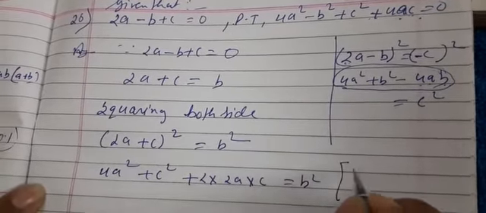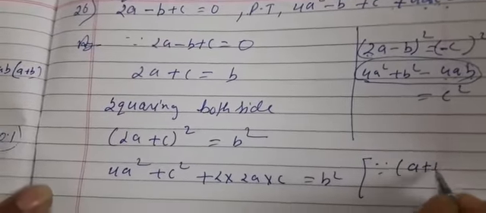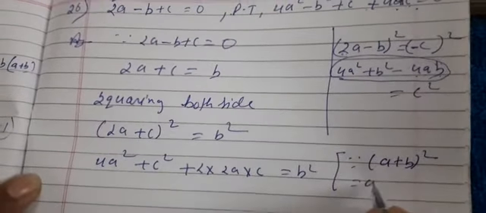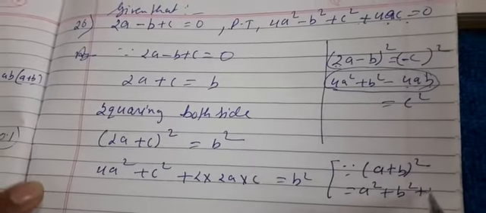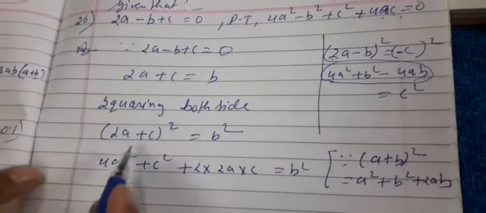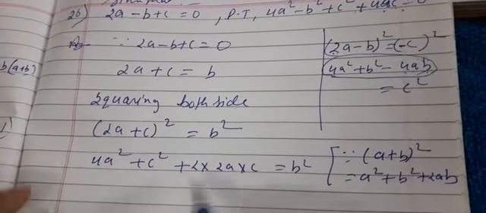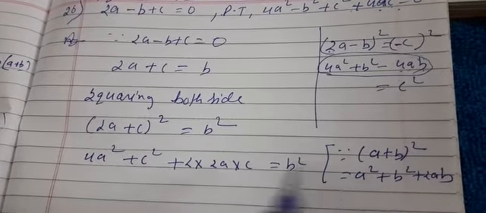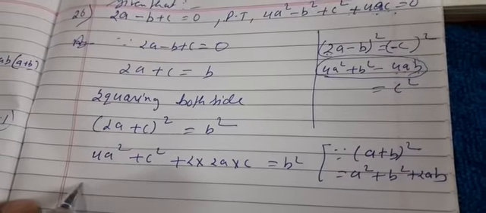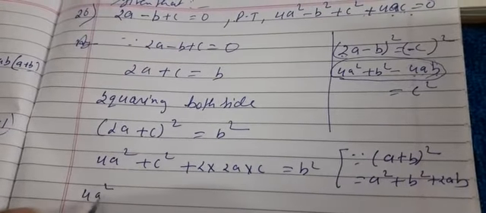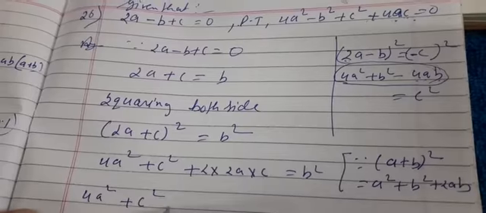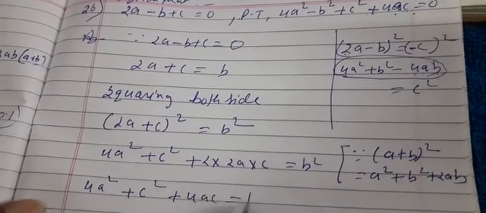We have to mention the formula which we have used, that is a plus b whole square equals a square plus b square plus 2ab. Whenever we use any identity, either on top you mention it or on the right side, so that you get step marking for this also. So here is 4a square plus c square plus 4ac and b square.